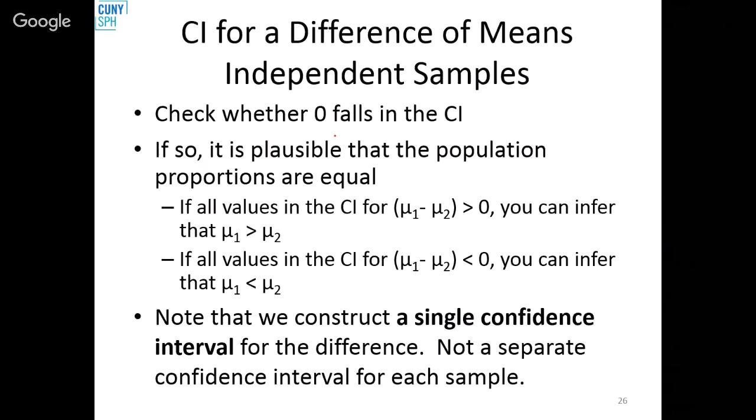And if you accept the null hypothesis because your confidence interval contains a null value, then you consider it plausible that the means are equal.